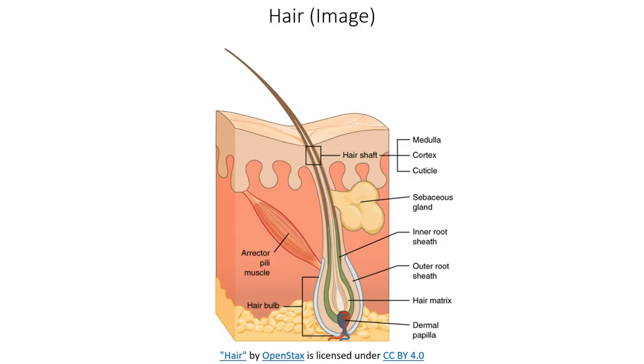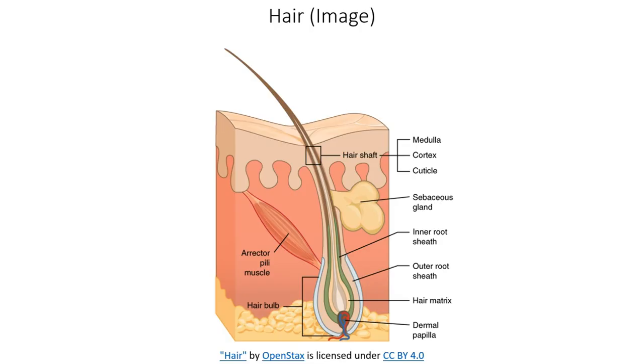And so we have some different layers of that hair shaft right here that we can see outlined: the medulla, cortex, and cuticle. So the medulla is the central core of the hair that's surrounded by that cortex. This is a layer of compressed keratinized cells, and then that is further covered in another layer of very, very hard keratinized cells known as the cuticle.